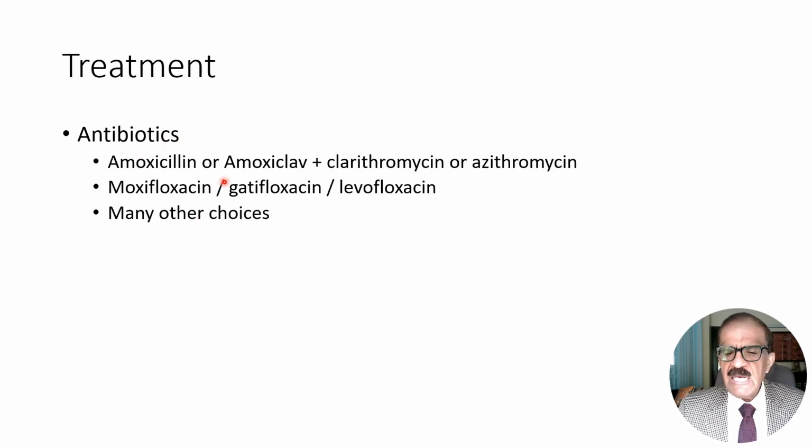Since in many patients, it is not possible to 100% confidently differentiate between pneumococcal and mycoplasma, I think it is a common practice to cover both. So to cover pneumococci, we can give amoxicillin 1 gram 3 times a day, oral or injectable, or we could give amoxiclav 1 gram 2 to 3 times a day IV, or the same dose twice a day orally.